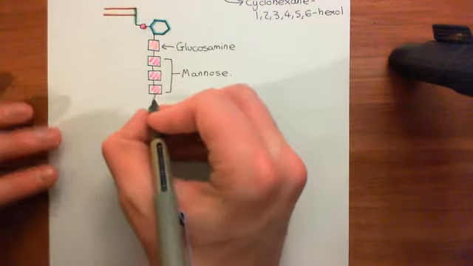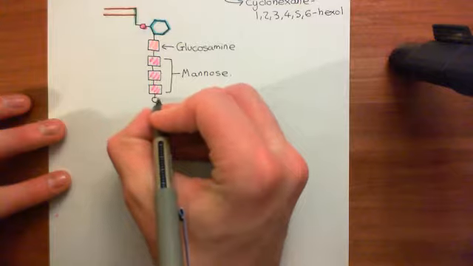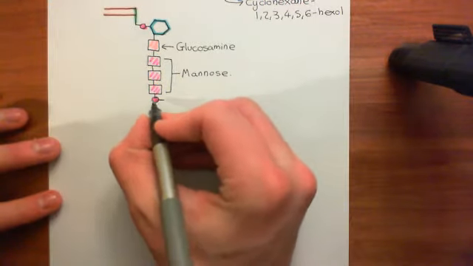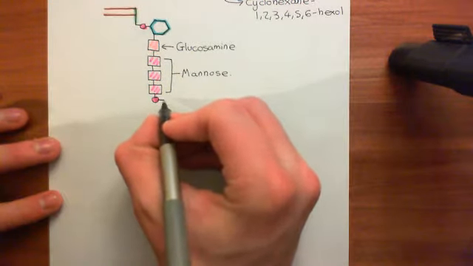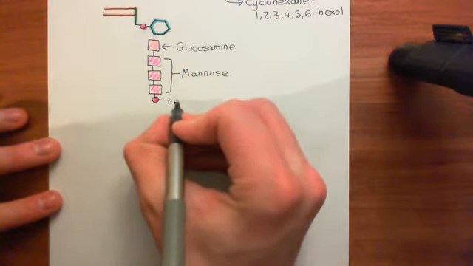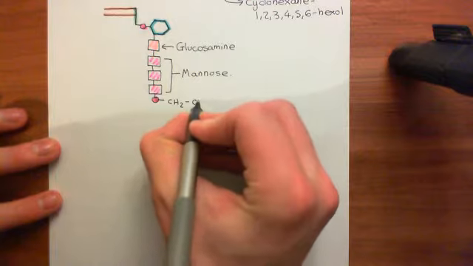So we have a glucosamine sugar followed by 3 mannose sugars, and then finally attached to this you have another phosphate group. So this is a phosphate group here, finally attached to that final mannose, and then attached to the other alcohol group of the phosphate group via a phosphoester link, you then have a structure known as an ethanolamine group.